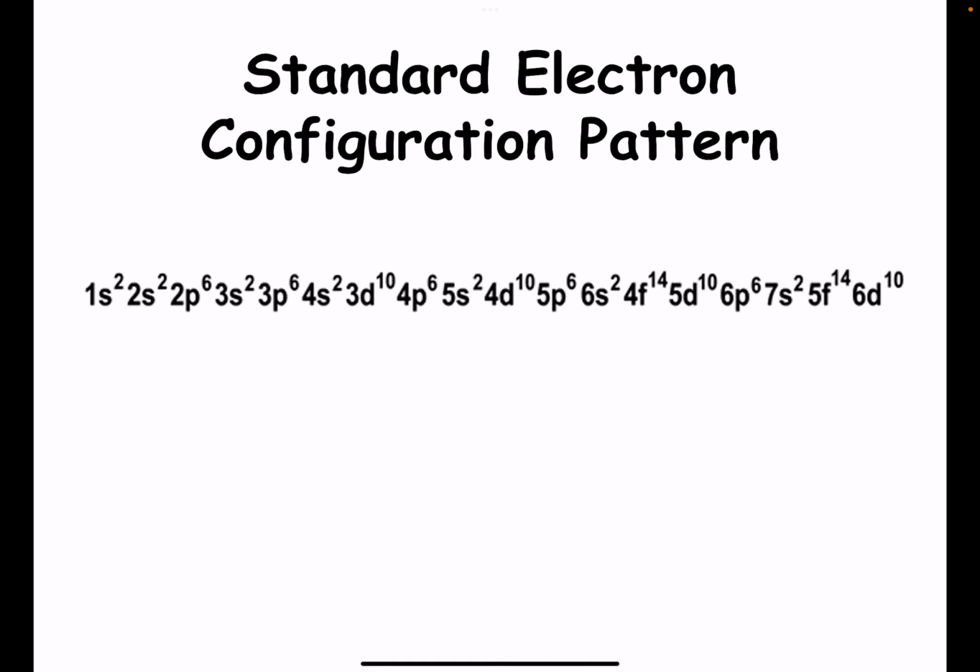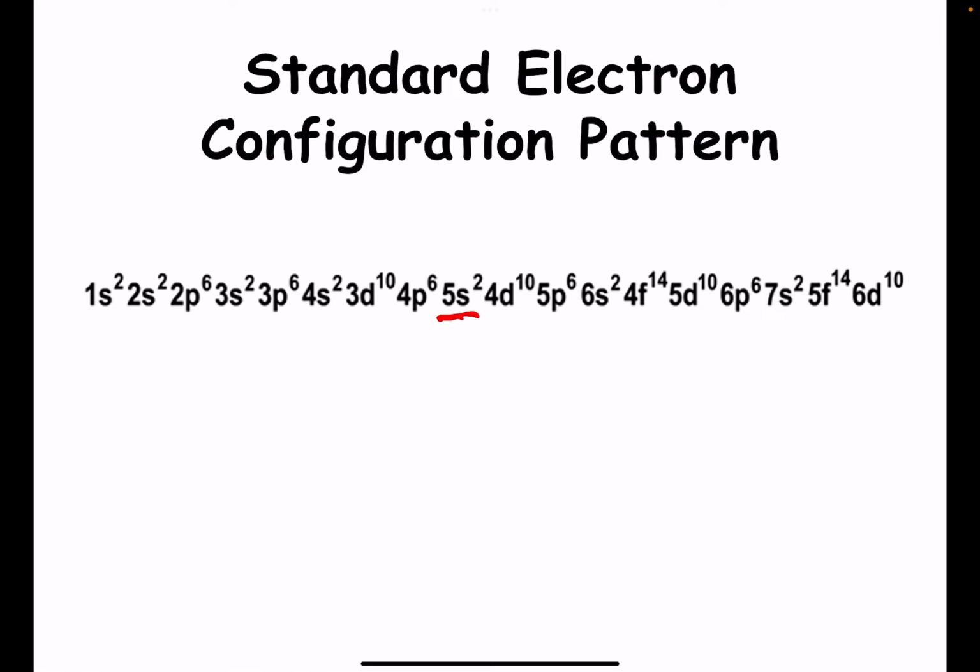All right, so this is a standard electron configuration pattern for all of the atoms in the periodic table. We start out, of course, with the S: 1s2, 2s2, 2p6, and so on and so on.